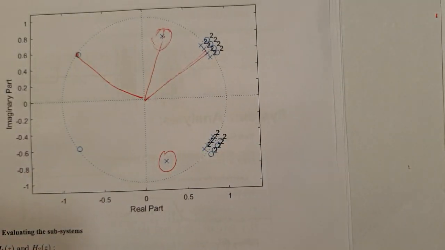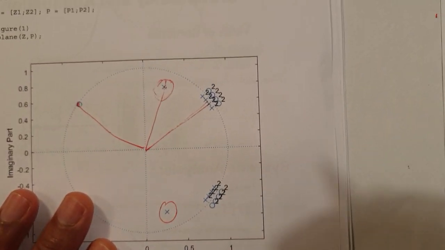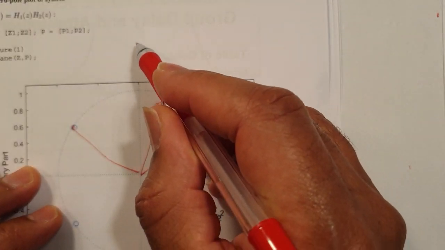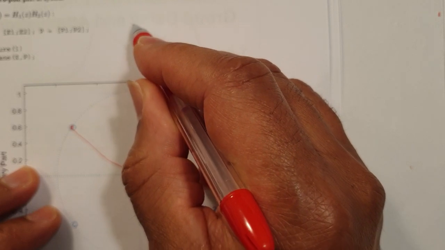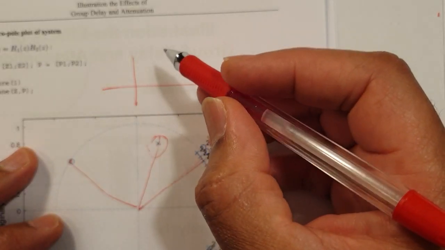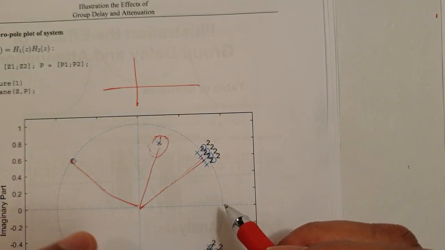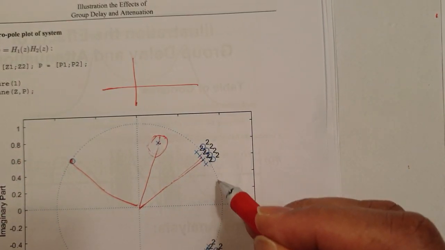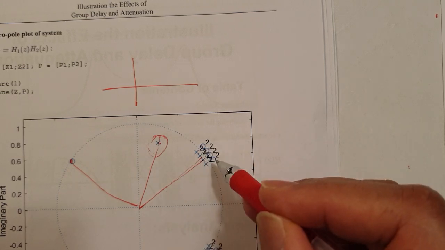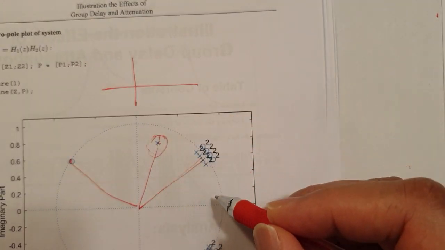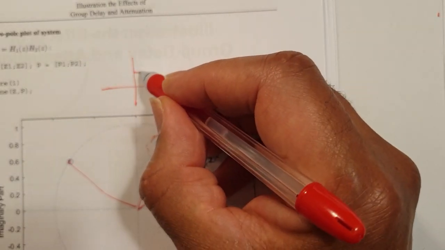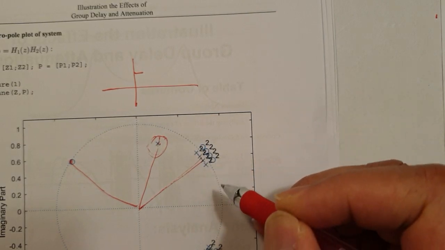Okay, so I will just make a very quick sketch of what I could expect from a system like this. So if I go from here, in between this, see, 0 here, I have this effect of this, but I don't have much gain, but I don't have much attenuation either.